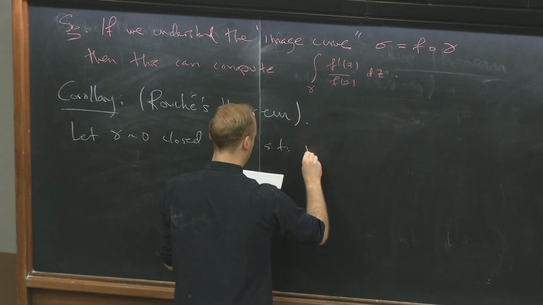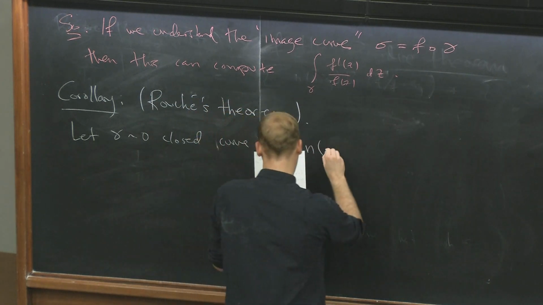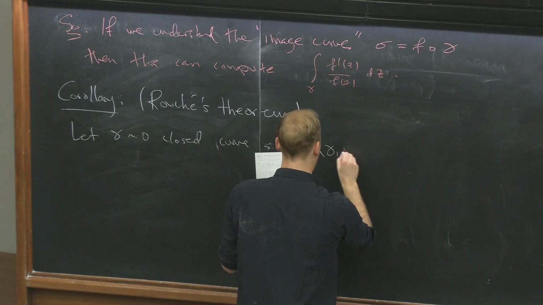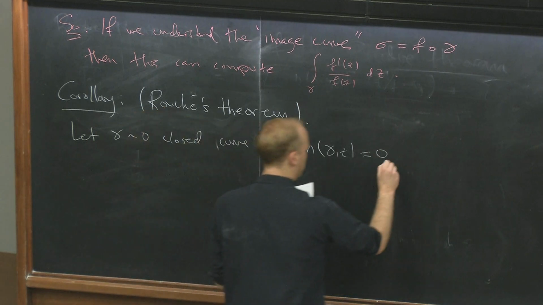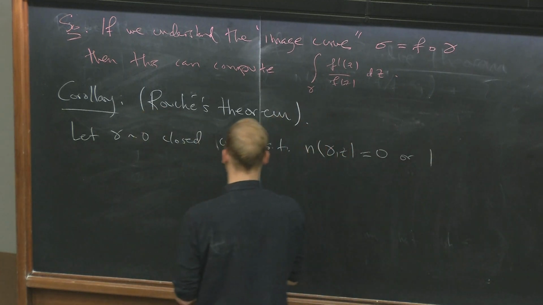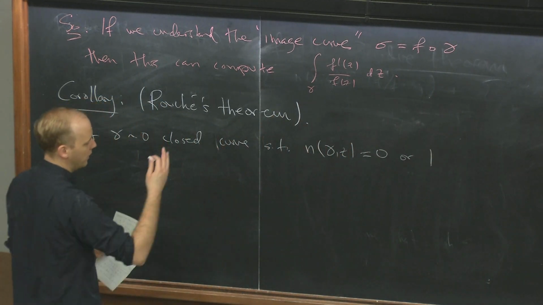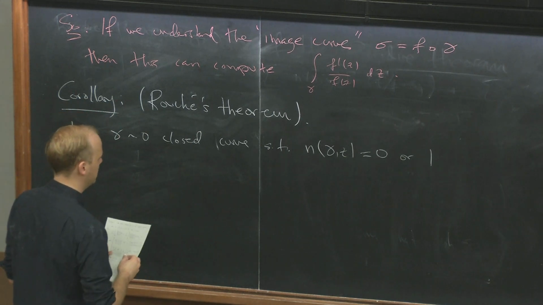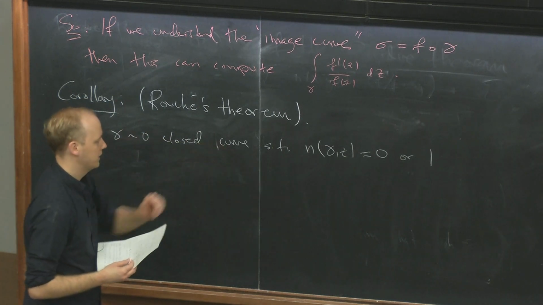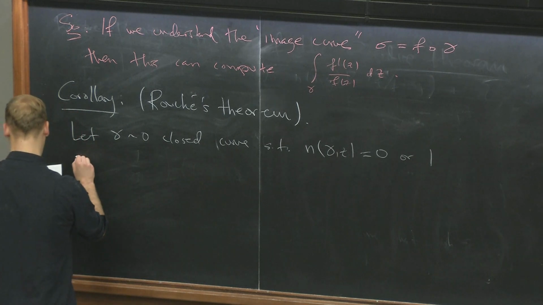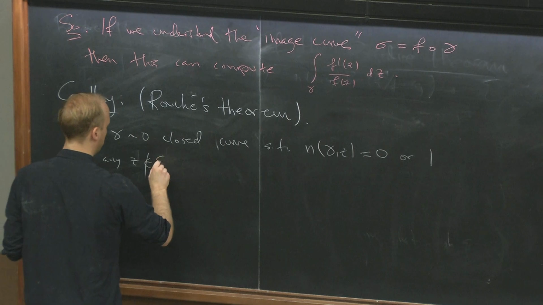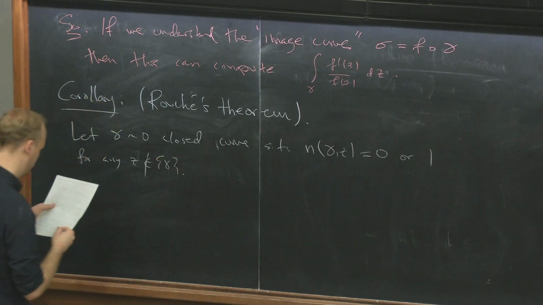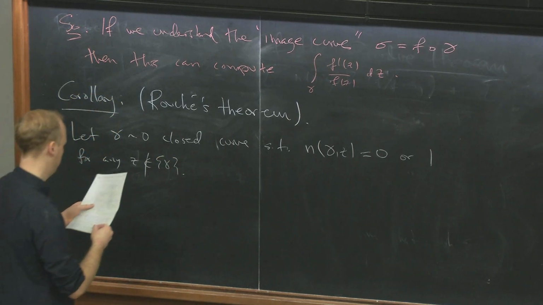And we also assume that the winding number is 0 or 1 always. So it doesn't wind many times around some point. It's a closed curve so that the winding number is always 0 or 1 for any z which is not on gamma, in which case we did not define it.